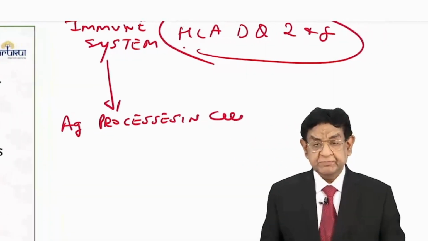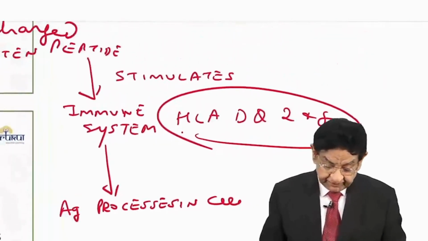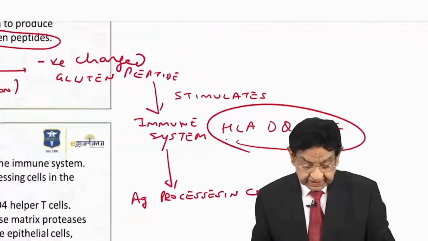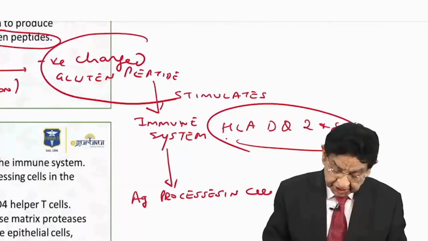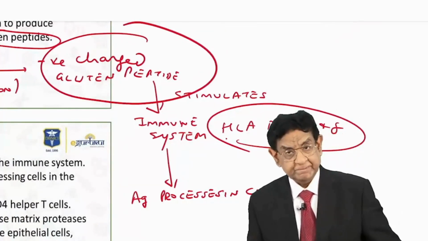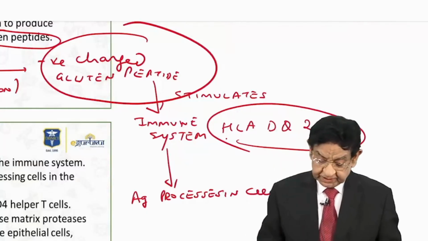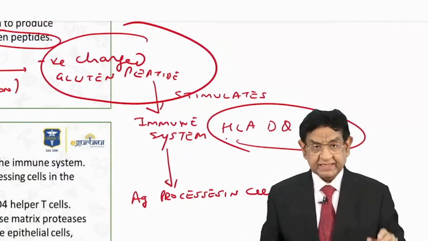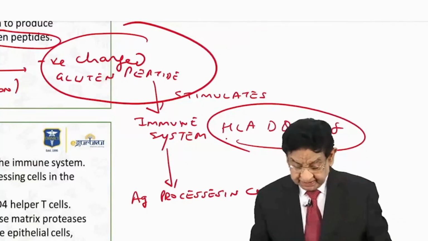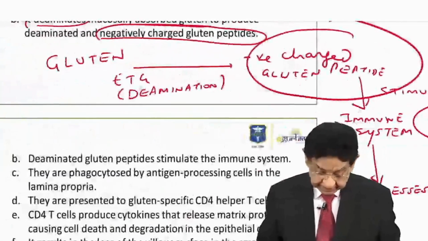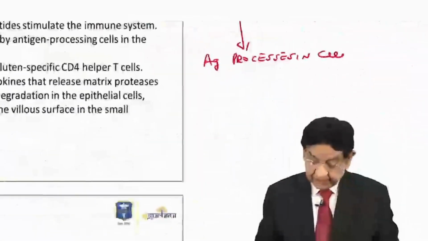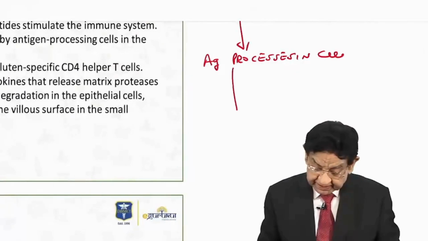So this antigen processing cell will take this negative charge peptide. Okay. Now this negative charge particle has been taken by the antigen processing cells. Now they present.